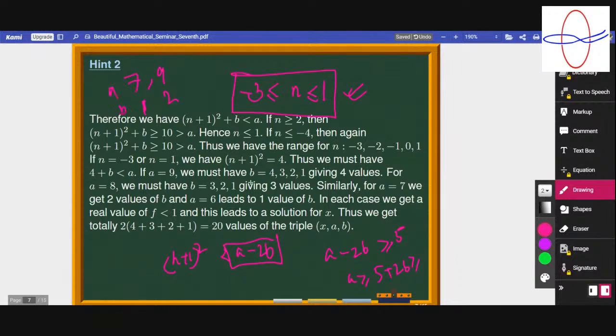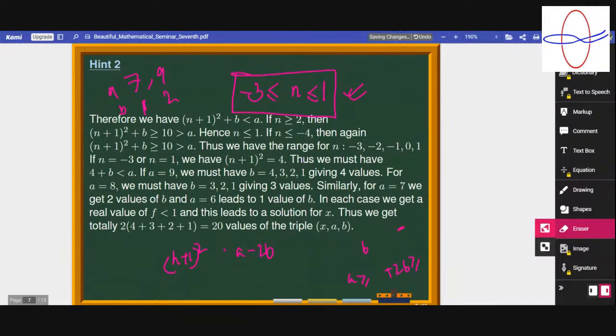A, b, let's try to create other values. Let's try to create other values too, and we got that. Okay, let's check for other cases. For n equal to 1 we have got, for n equal to 2 let's check.